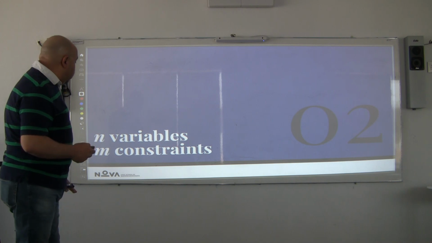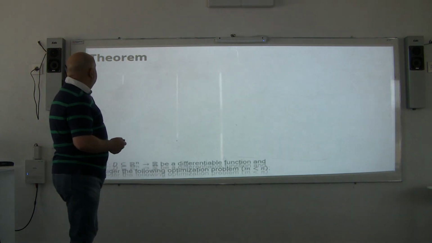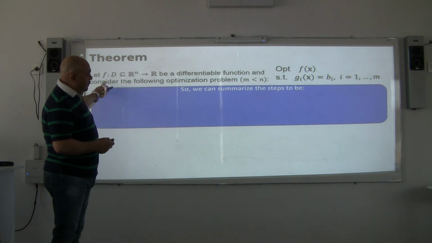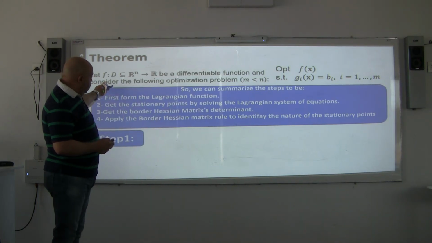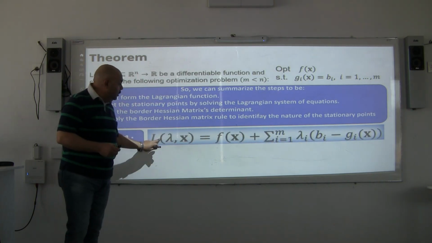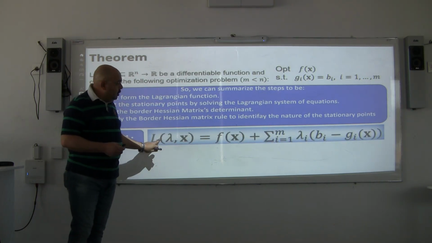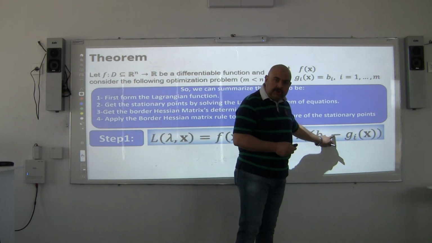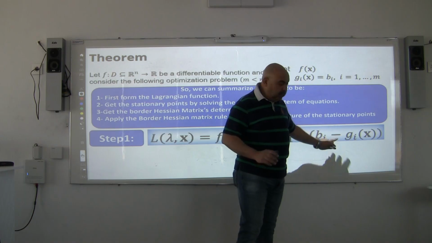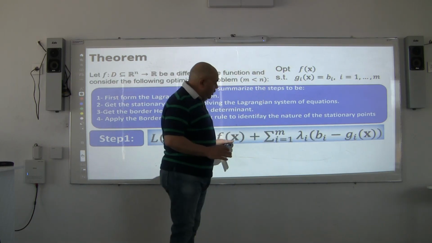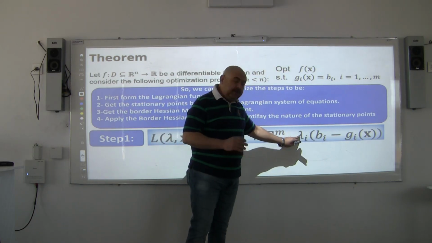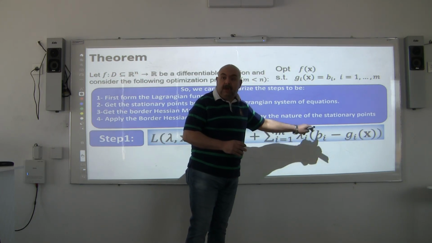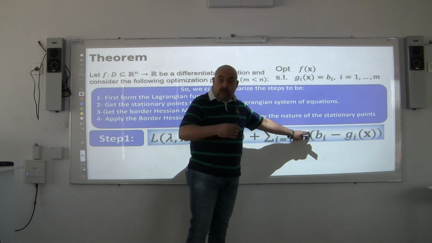For n variables and n constraints, I can generalize the method that I described previously for the Lagrangian function. Here we go. That's the Lagrangian function for an objective function with not just one constraint, but more than one. All I have to do is write the objective function, plus lambda 1 times the first constraint, plus lambda 2 times the second constraint, and so on.